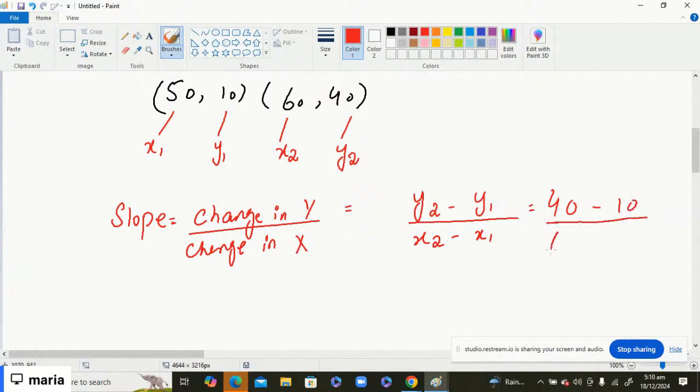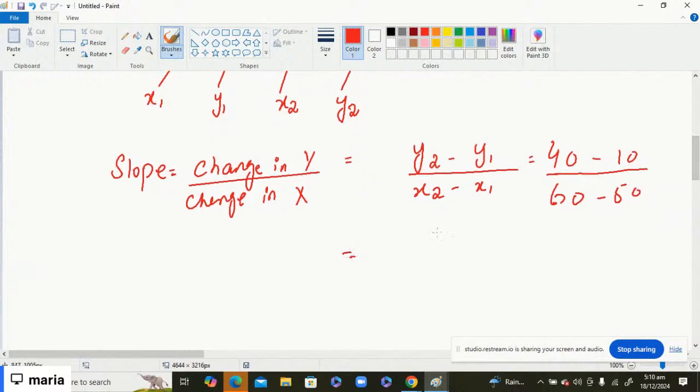Now x2 is 60 minus 50. So 40 minus 10 is 30, 60 minus 50 is 10. So 10 times 1 is 10, 10 times 3 is 30. This is also the answer. So here is your slope, which is 3.